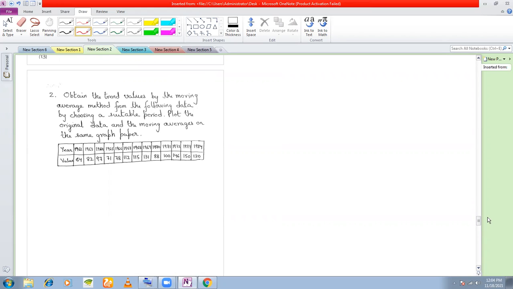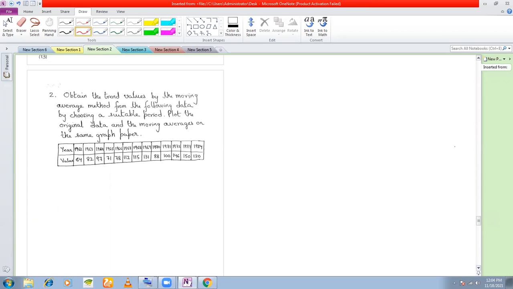Next, plot the original data and the moving averages on the same graph paper. And you have the year-wise data given here.